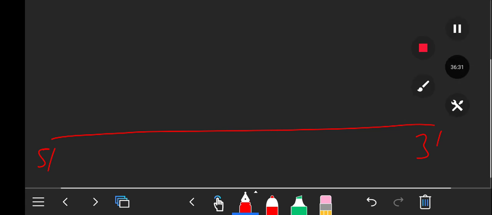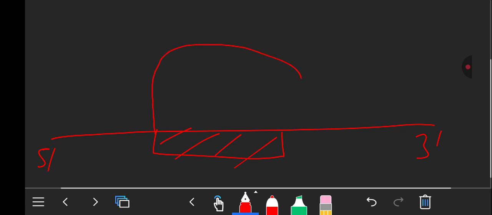So at the end of the day, what you're going to have is this. 5', 3'. Then we have the small subunit, the large subunit. So at the end of the day, you discover that the process is just continuing until a certain point.